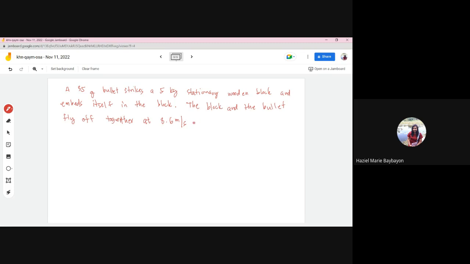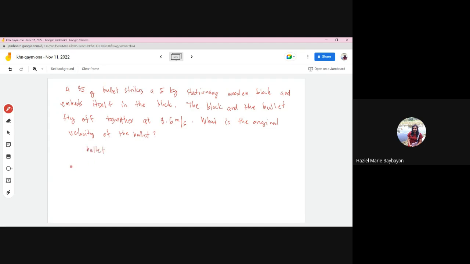Now, what is the original velocity of the bullet? Okay, so we have a system wherein we have two objects. So we have the bullet and then the block.